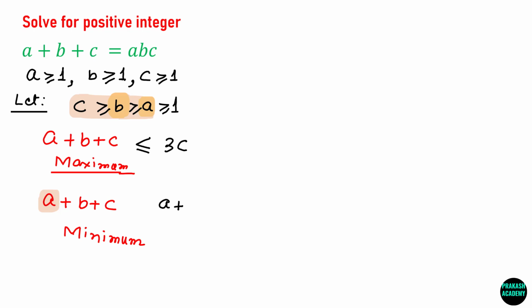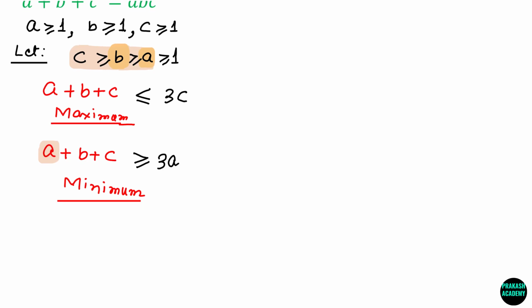What about c? The minimum value of c will also be a, using the same logic. So the minimum value of this expression is 3a. This means this term is greater than or equal to 3a, because 3a is the minimum value. So I got these two conditions, one for the minimum value and another for the maximum value, and I will use them to further simplify.